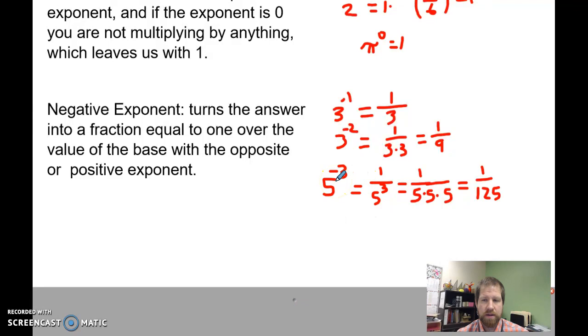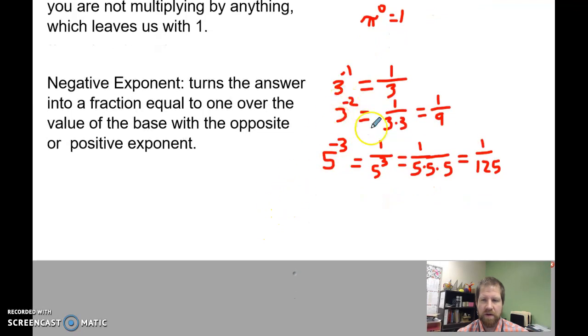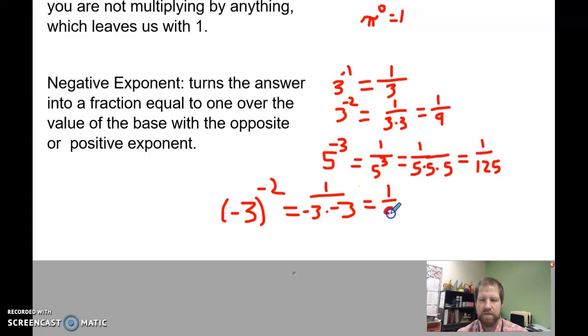If I have, we'll go back up to this one, negative 3 to the negative second, that's going to be 1 over negative 3 times negative 3. I've got an even number of negatives, so a negative times a negative is going to be a positive.